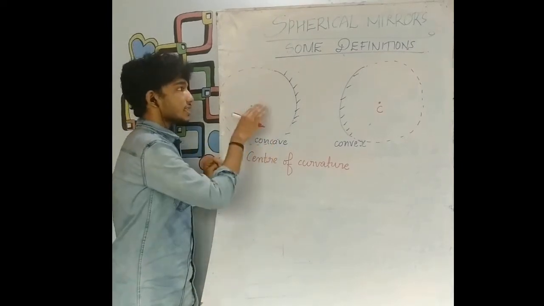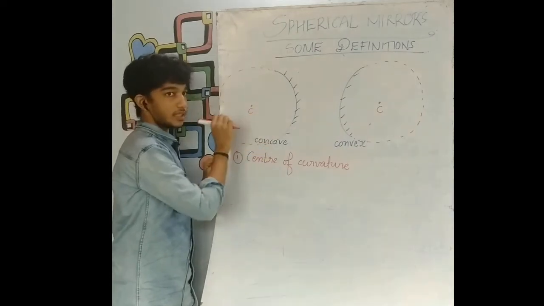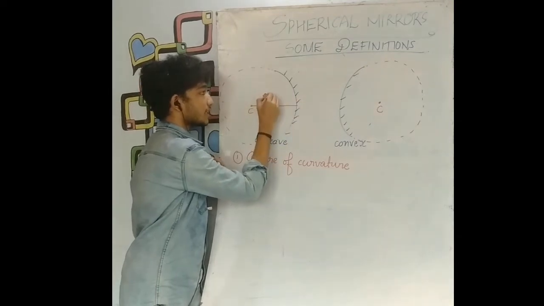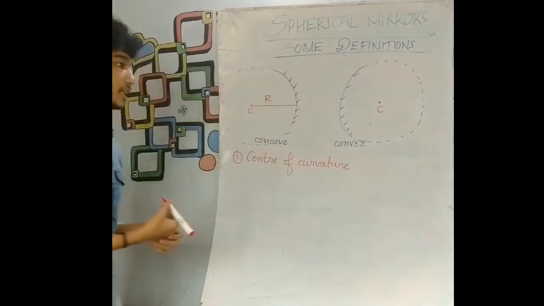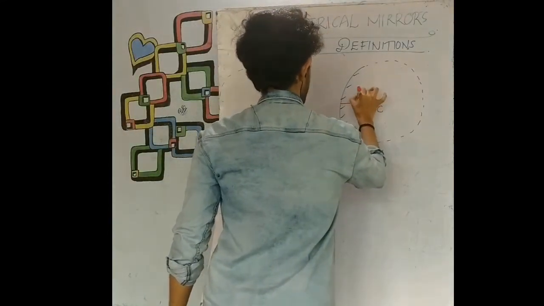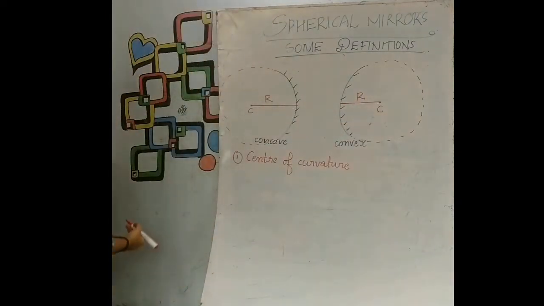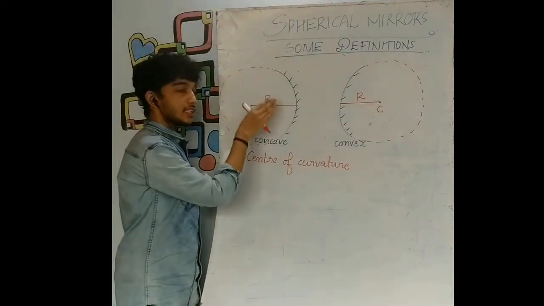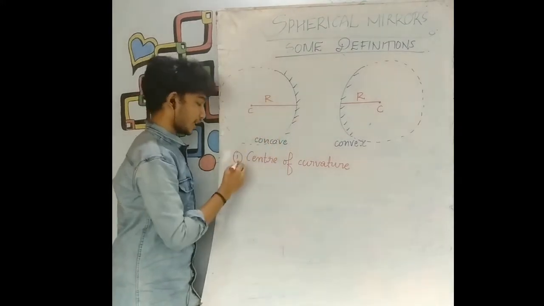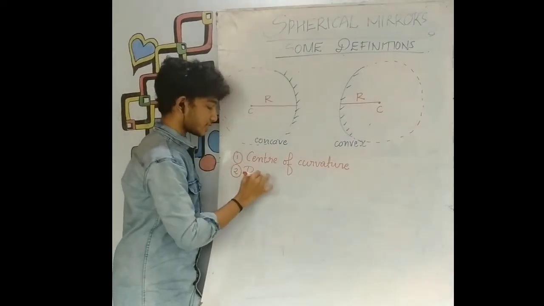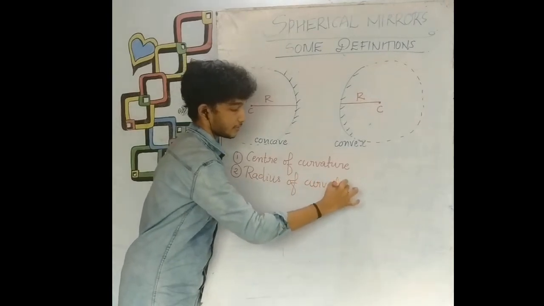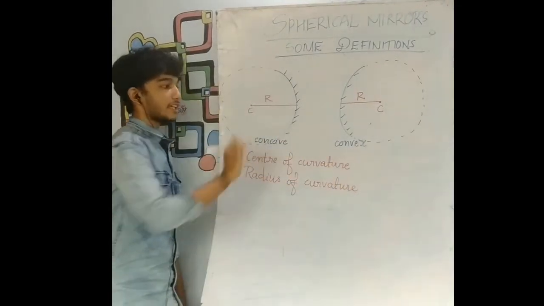And next, the sphere of which the concave mirror was a part will have its radius. Let me denote this radius by the letter R. Similarly, in the case of the convex mirror also, the sphere will have a radius, denoted by the letter R. The radius of the sphere of which the spherical mirror was a part is known as the radius of curvature of the spherical mirror.